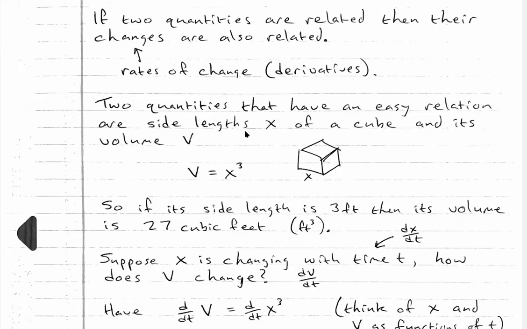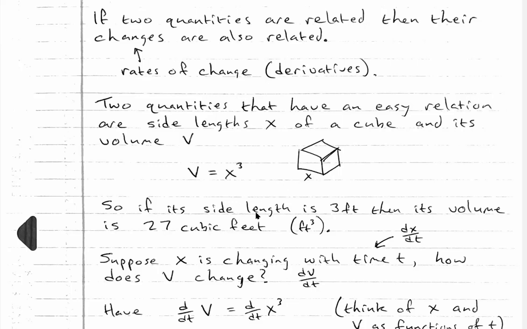So let's say our quantities are a side length x. Okay, so we're talking about a cube here. That's supposed to be a cube. So if you know the side length of a cube, then its volume is easy to get. It's just going to be x cubed, x to the third power.